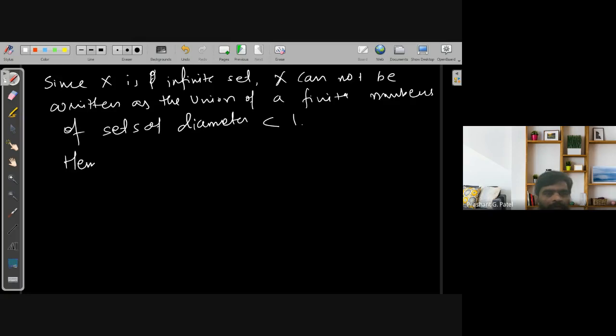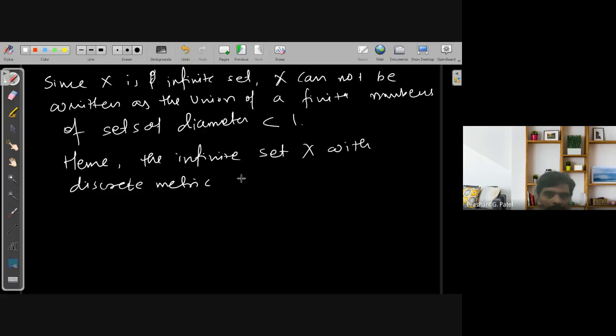Hence, the infinite set X with discrete metric is not totally bounded.